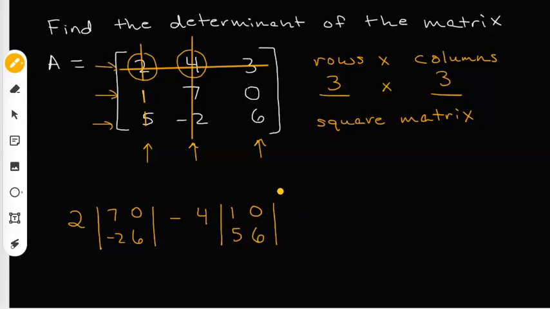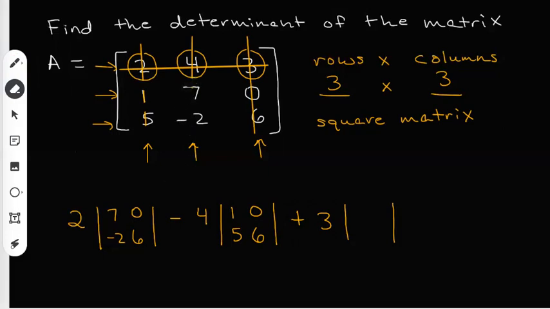Now the last thing I need to do is circle the last number in the first row. That's going to be my 3. I'm going to put that on the outside, and I'm going to have 4 numbers on the inside. How do I know which 4 numbers to choose? Well, I mark out my first row and my last column.